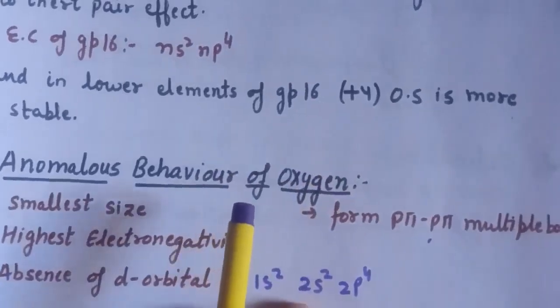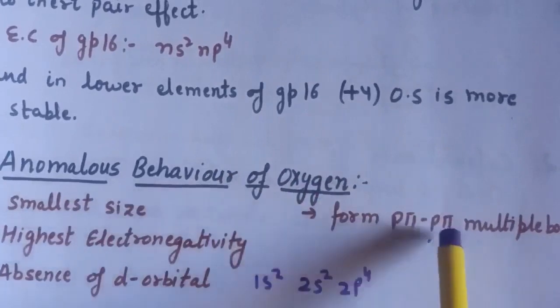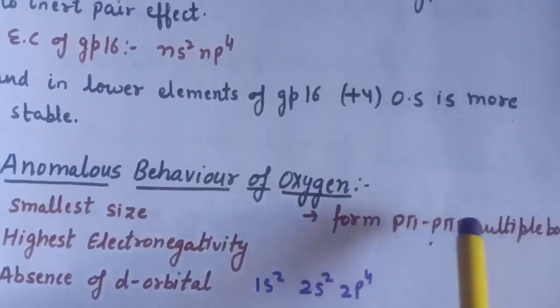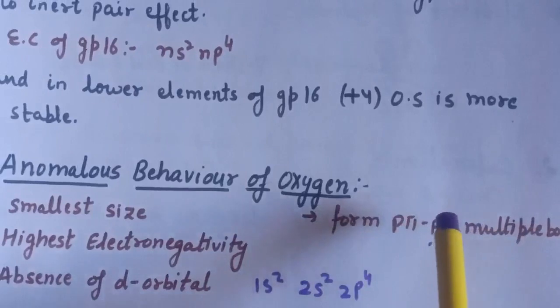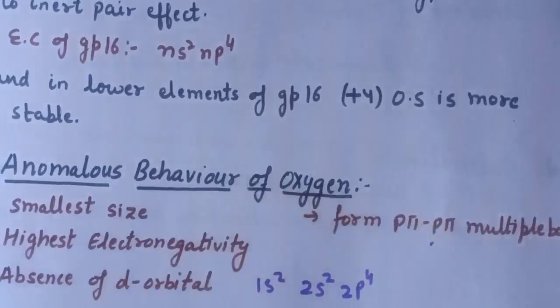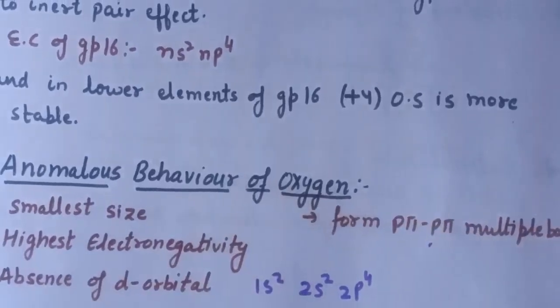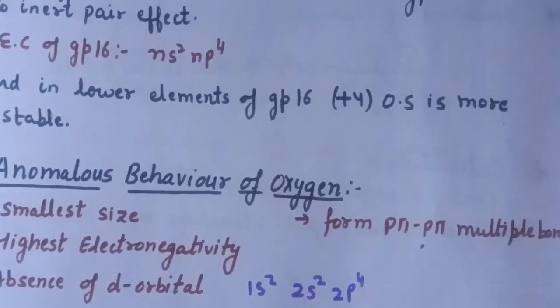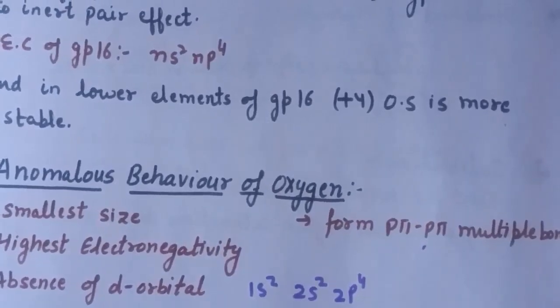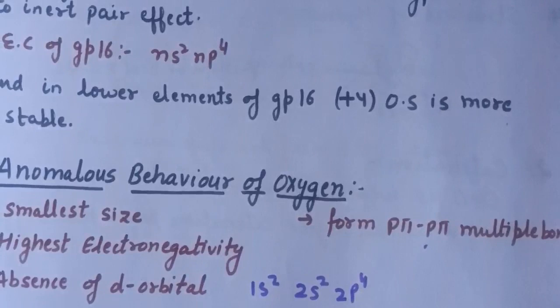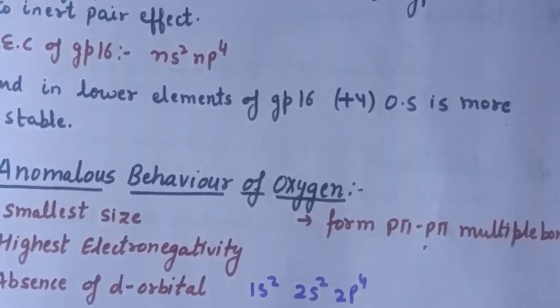Next, oxygen forms p-pi p-pi multiple bonds with itself and with other elements like carbon, and d-pi p-pi bonding is not possible in case of oxygen. So this is about the anomalous behavior of oxygen.